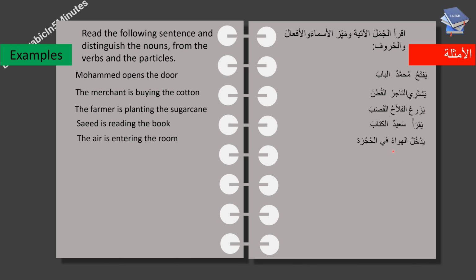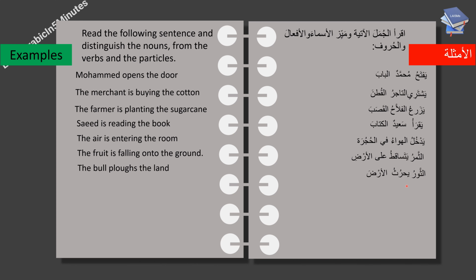يدخل الهواء في الحجرة. The air is entering the room. الثمر يتساقط على الأرض. The fruit is falling onto the ground. الثور يحرث الأرض. The bull plows the land. تصنع الأحذية من الجلد.